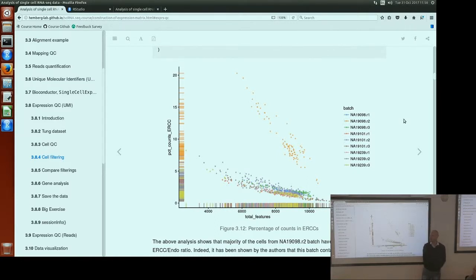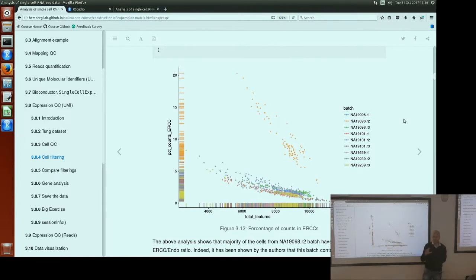So the question is, in the first plot we had the histogram of total number of counts per cell, and we probably didn't remove these cells by filtering on this plot. Whereas in this plot we can see that there is a batch which contains cells where the percentage of counts in ERCCs is much higher than in the rest, right?